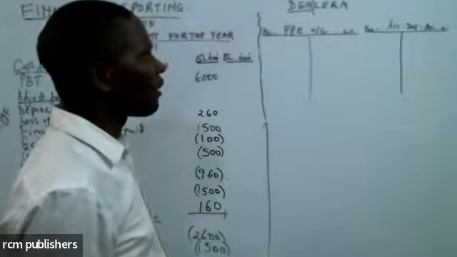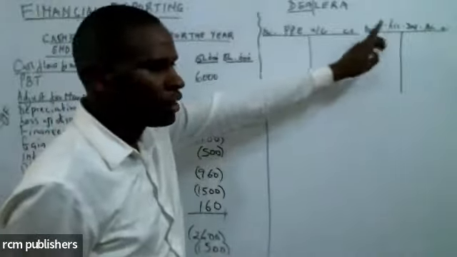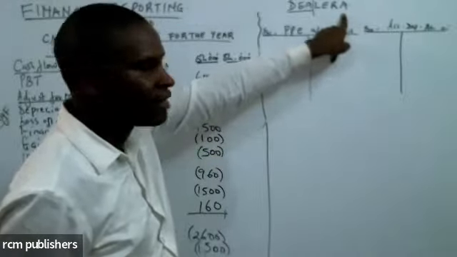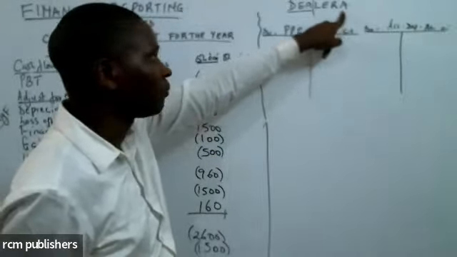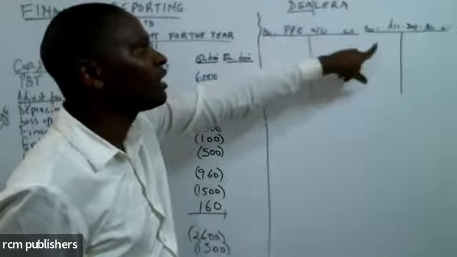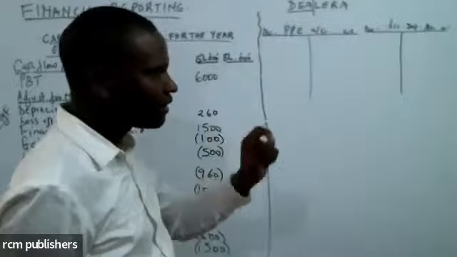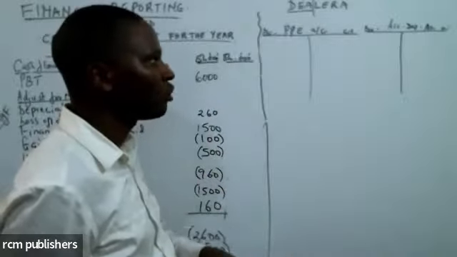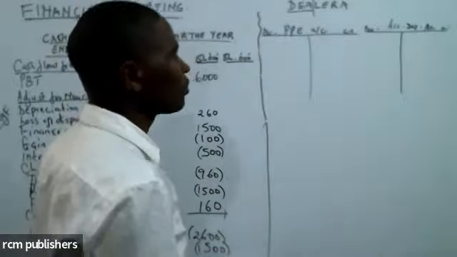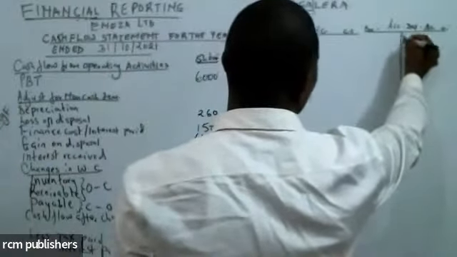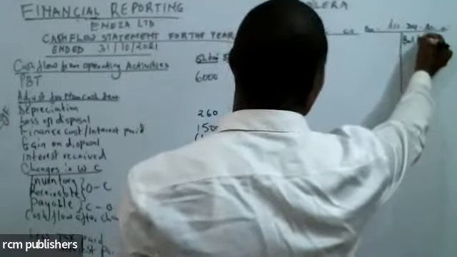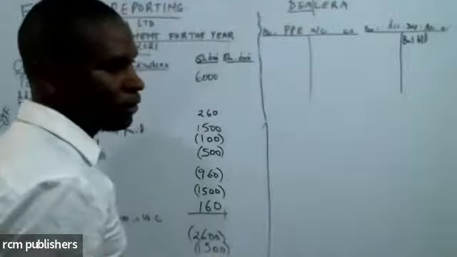If I look at the accumulated depreciation, it's represented by A here. That means accumulated depreciation has a credit balance. So can you look at additional information and give me the balance brought down for my accumulated depreciation? Ni ngapi?